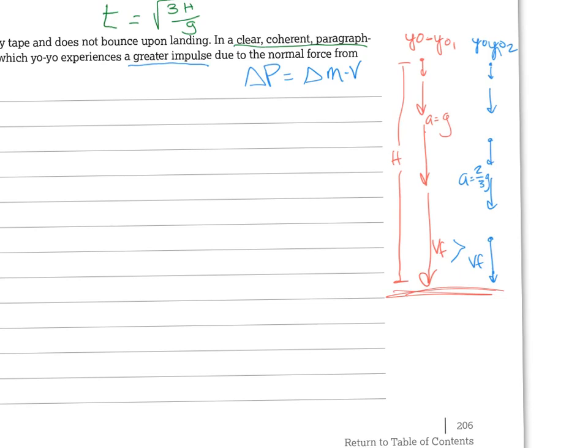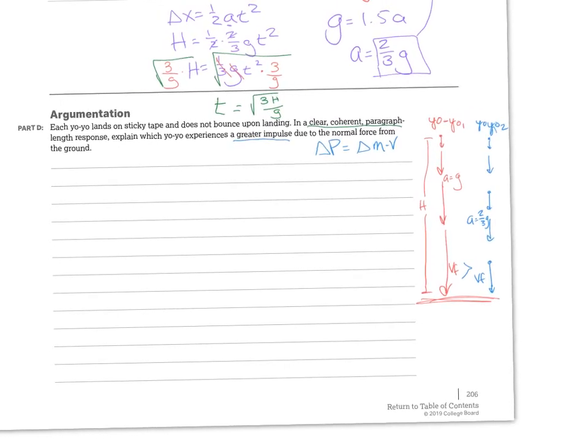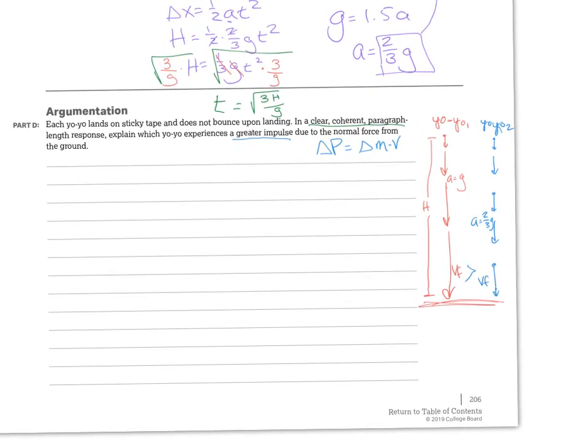So planning out your paragraph is a little tricky, but if you follow the logic of claim, evidence, and reasoning on these, that's what they're looking for as far as your organization. What is your claim that you're making? What is the evidence that supports that claim? And then what's the reasoning behind it?